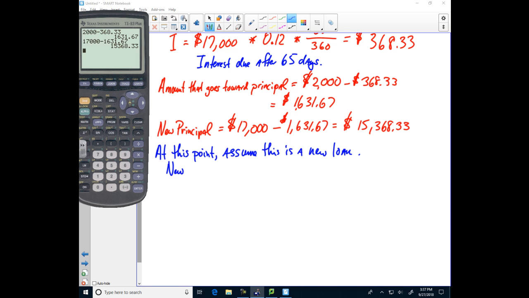This new P equals $15,368.33. R is still 12%, and I'm not going to say anything about the time just yet, because we've got to look and see what else is going on.